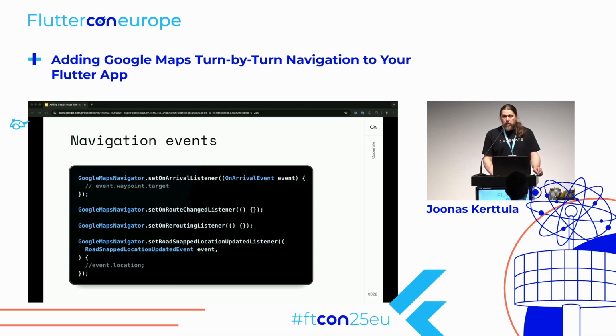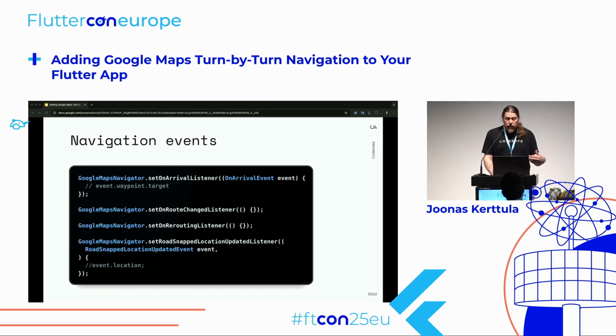One action in this case could be to fetch the current routes from the navigator. You can get the current route or all the routes for all the waypoints and all the route legs. And you can do something with that data, analyze it, or even change the route if it doesn't look right for your application.